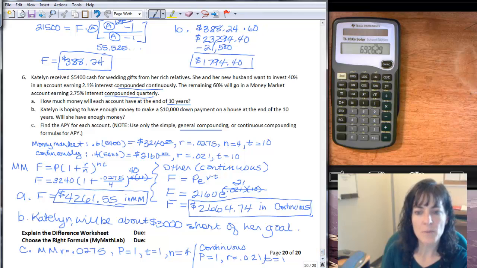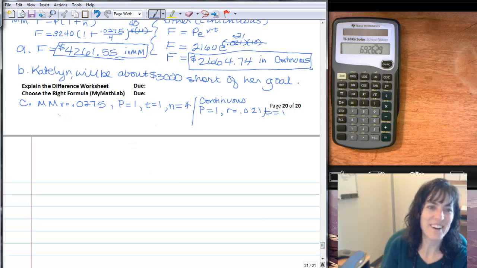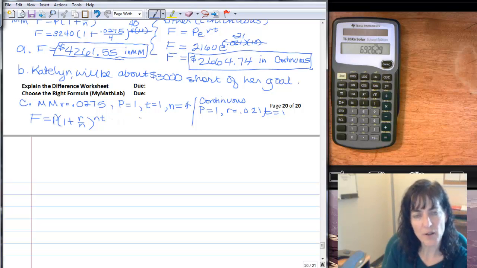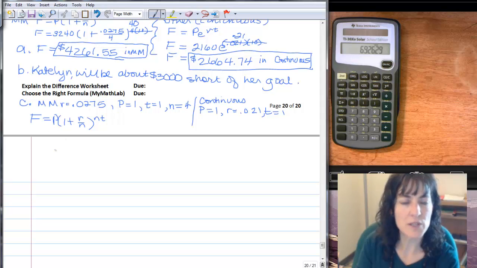Okay, I'm going to skip down because I ran out of page right there. So remember, we'll use the F equals P times 1 plus R over N raised to the NT power to find our F, which we need for this APY calculation using these values that I wrote up above.